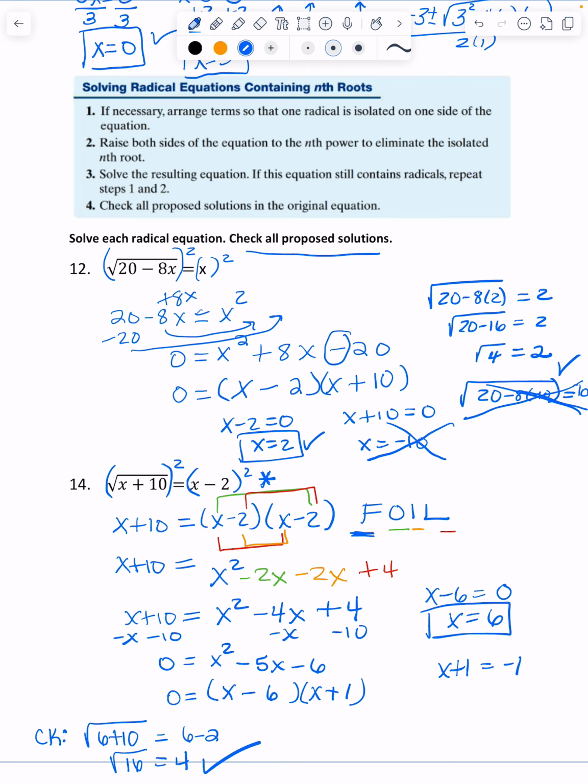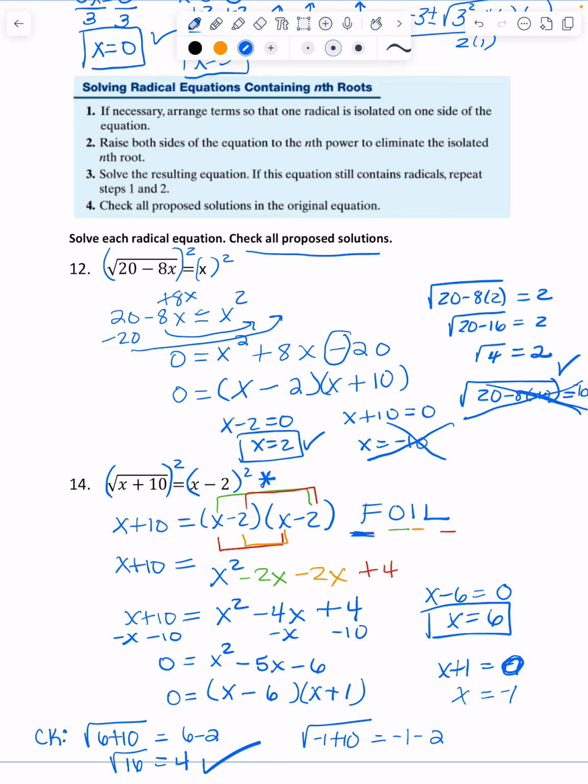If I plug in the last one, and if I show that step, we got negative 1. I'm going to plug negative 1 in, and I get negative 1 plus 10. Taking the square root of that equals negative 1 minus 2.